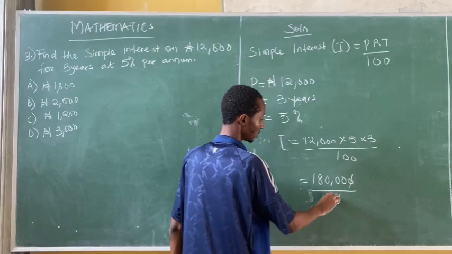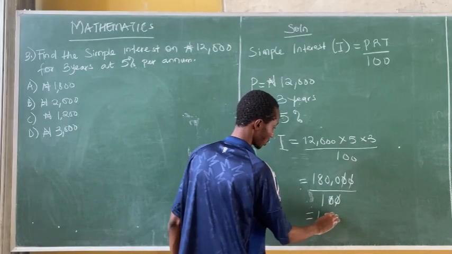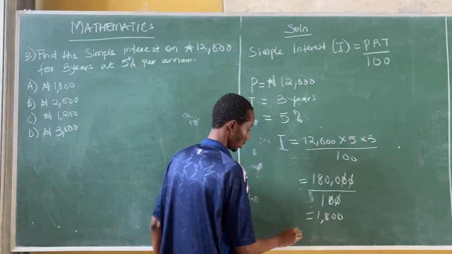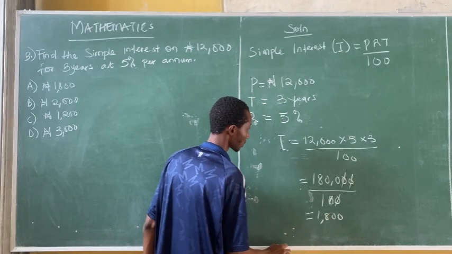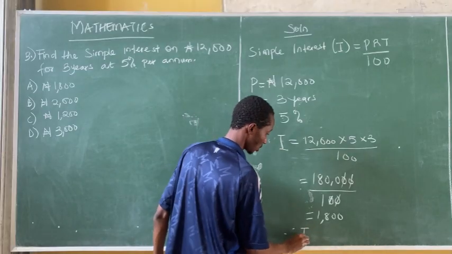This will take away this, this will take away this. We're left with 1,800. Therefore, our interest in 3 years at the rate of 5% is what?